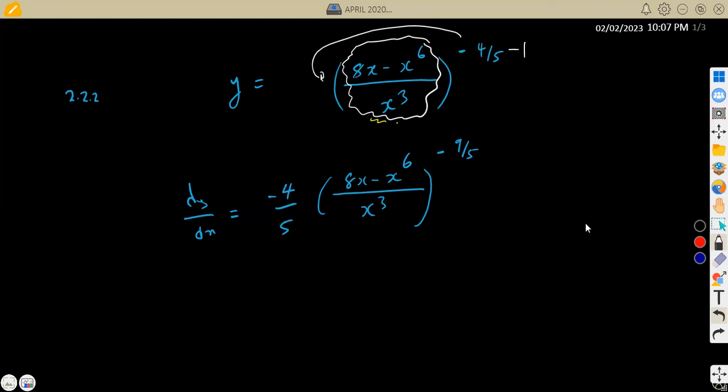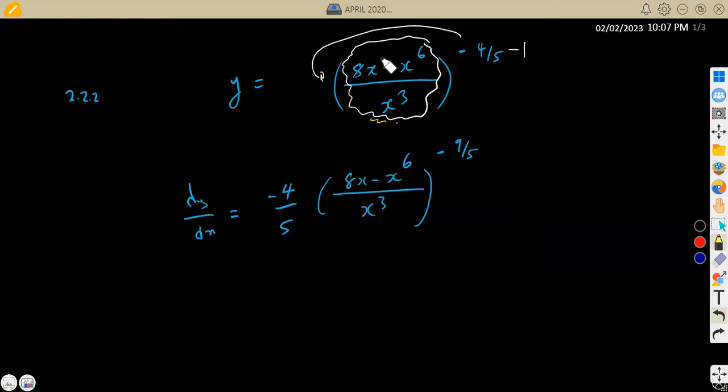How is it going to be affected? As you can see, this one is actually a fraction that we are given. So that means we can apply the quotient rule, or you can choose maybe to divide each and every term by x to the exponent of 3, or you can just choose to apply your quotient rule.